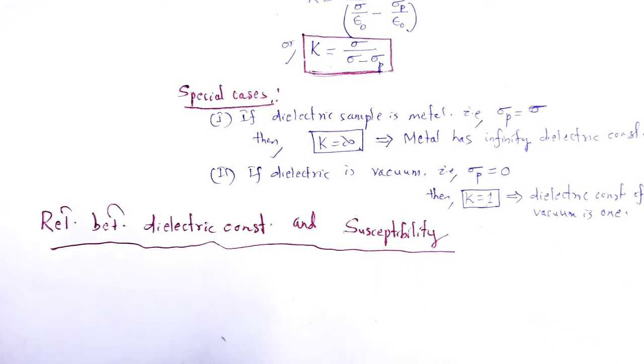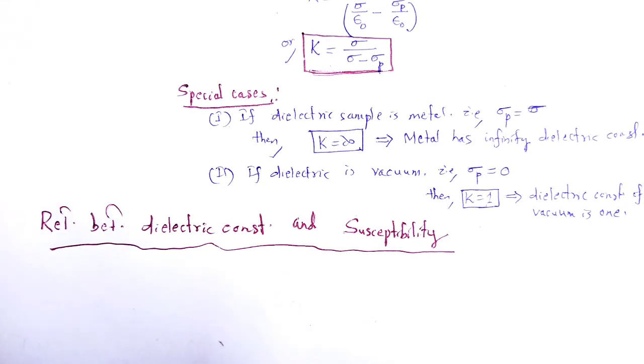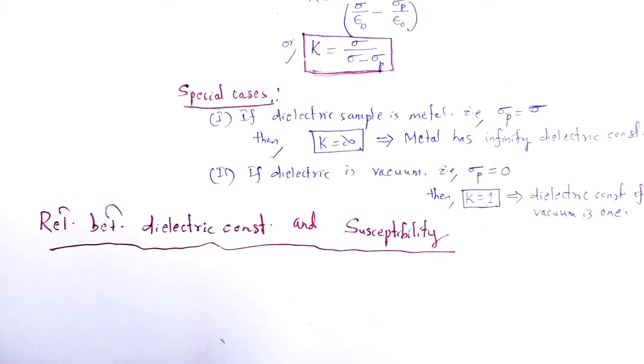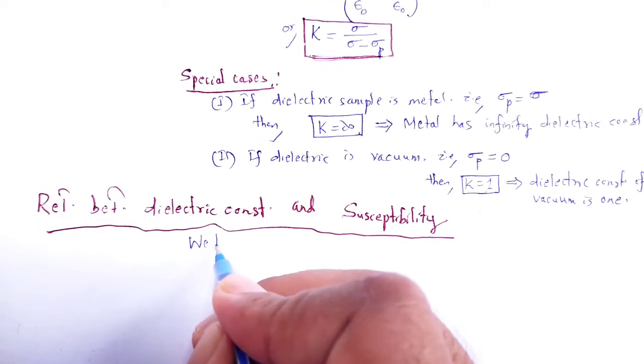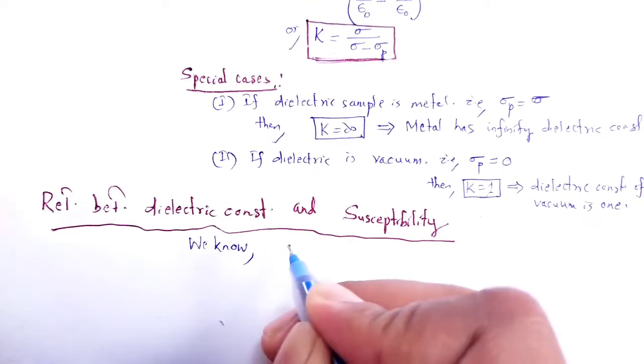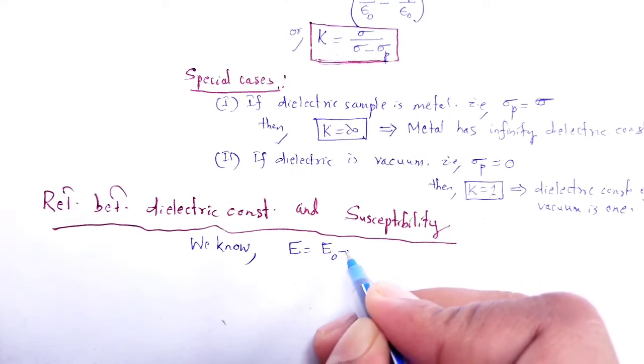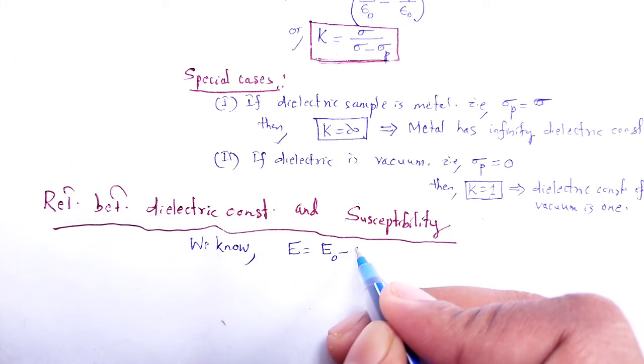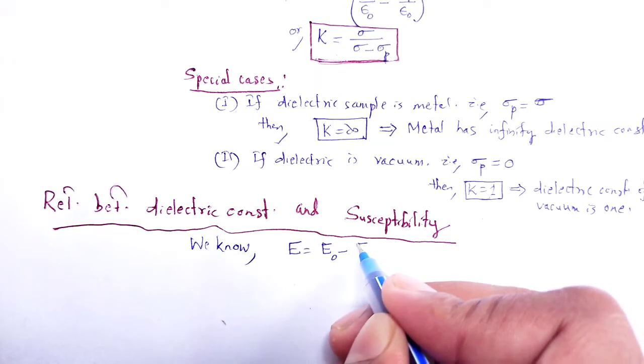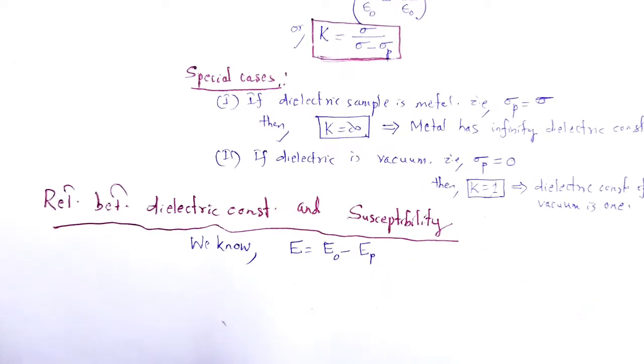Here we know E is equal to E naught minus EP.